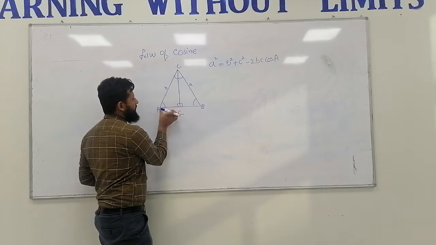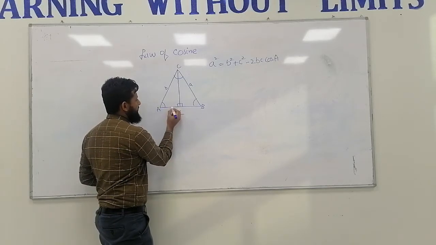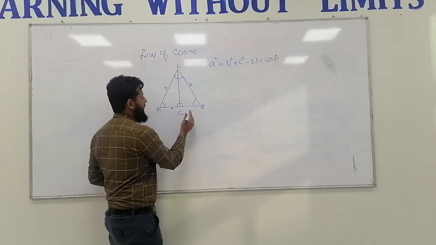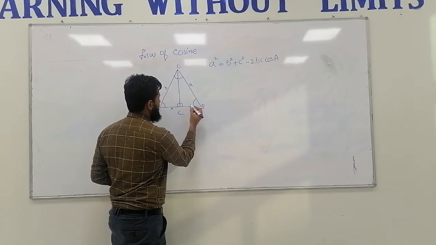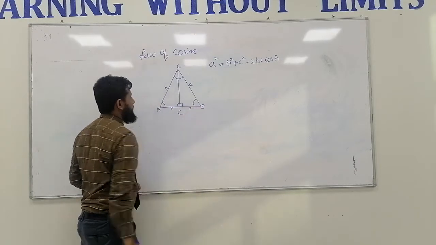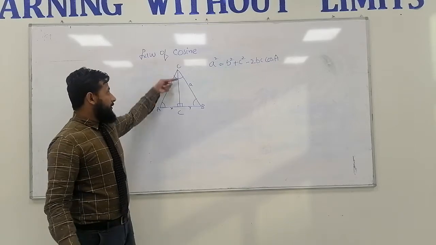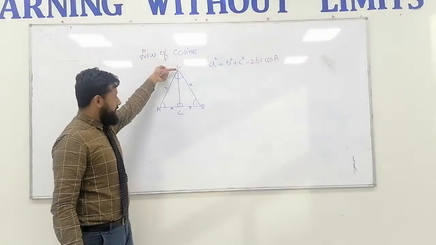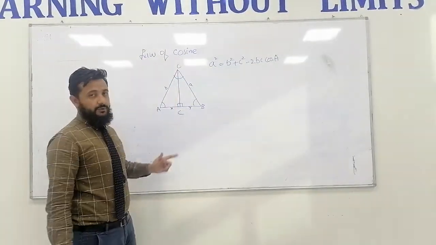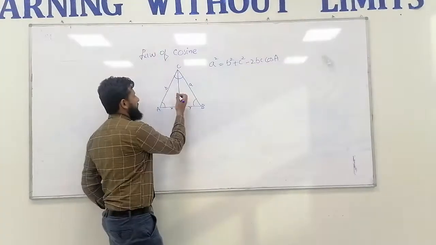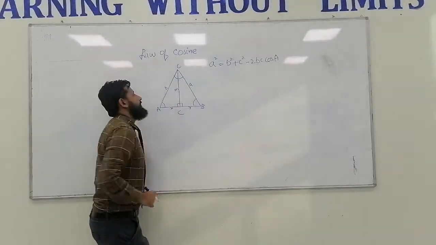Let's say from here to here, we name it X, and from here to here, we name it Y. We also don't know the measurement of the perpendicular line we just drew. We can name it M.